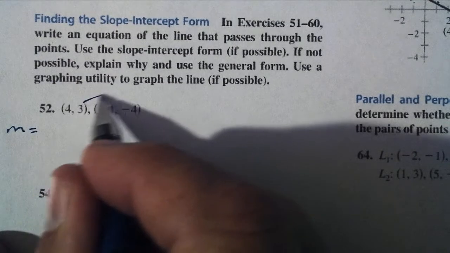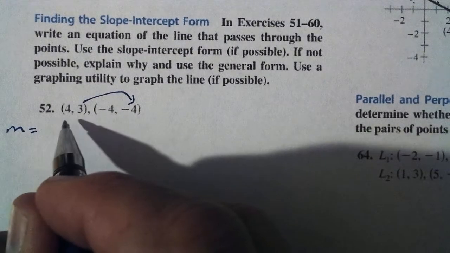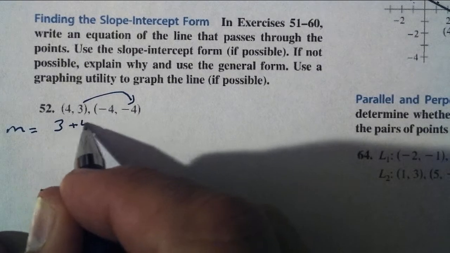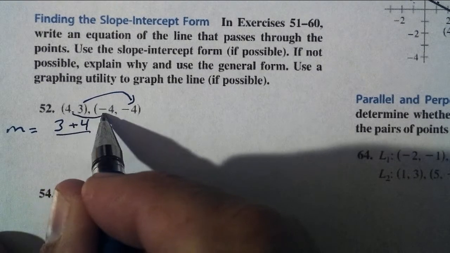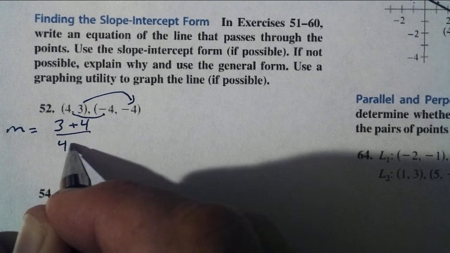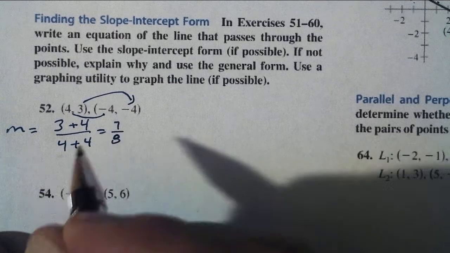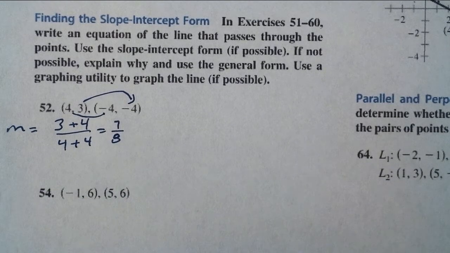So my slope, I'm going to go this way. It doesn't matter which direction so long as we're consistent. 3 minus negative 4 over 4 minus negative 4, I get 7/8.